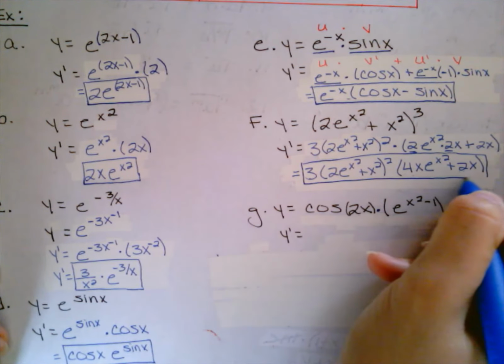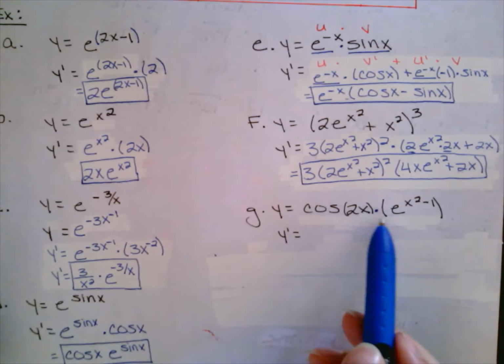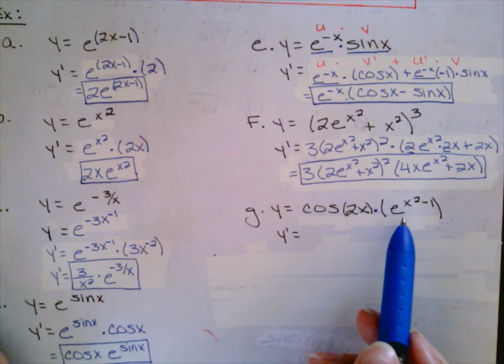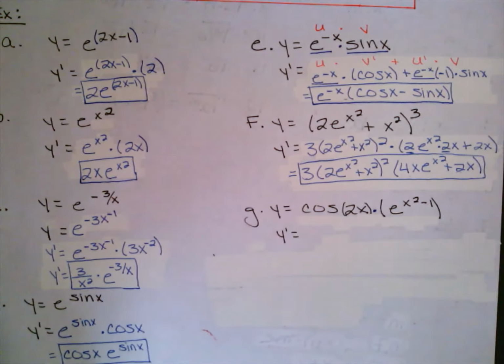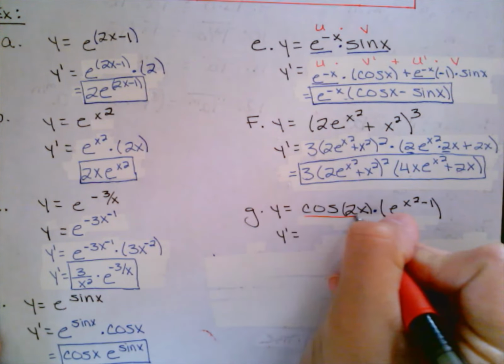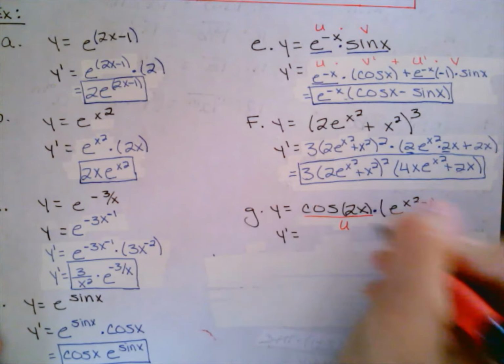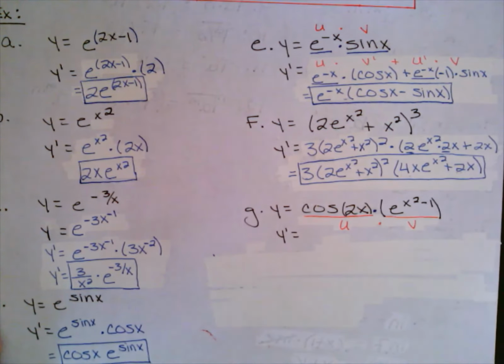All right, guys, one more question. On this next one, we have cosine of 2x times e raised to x squared minus 1. These are being multiplied, so this is a product rule. So we have, let's call this guy right here our u, times this is our v.